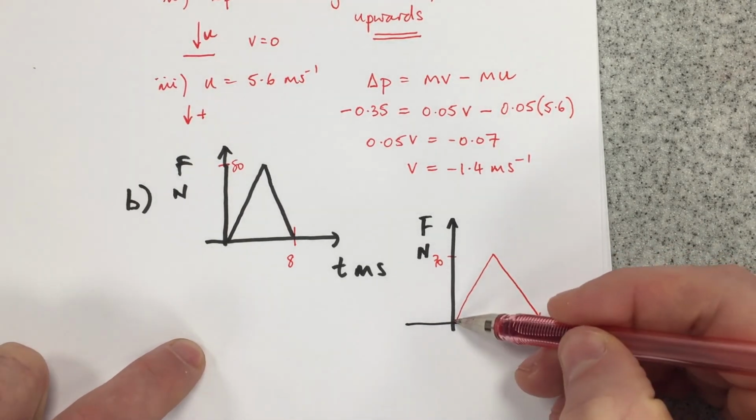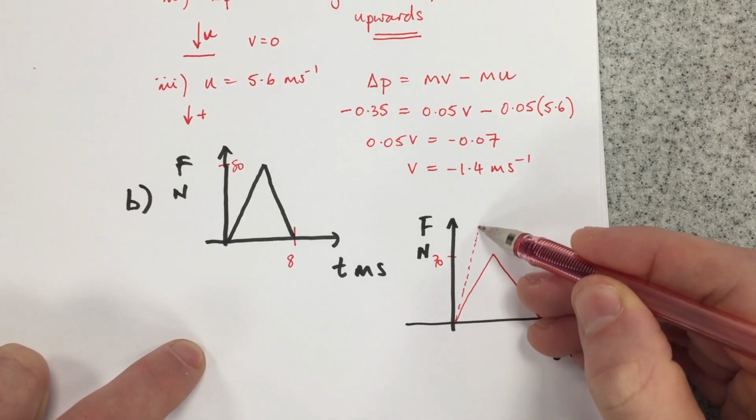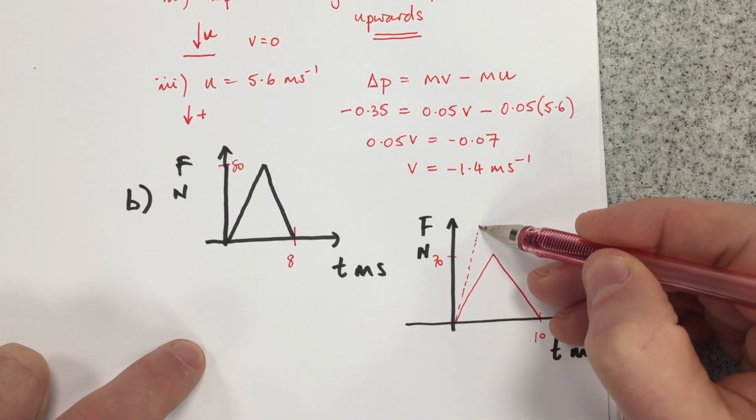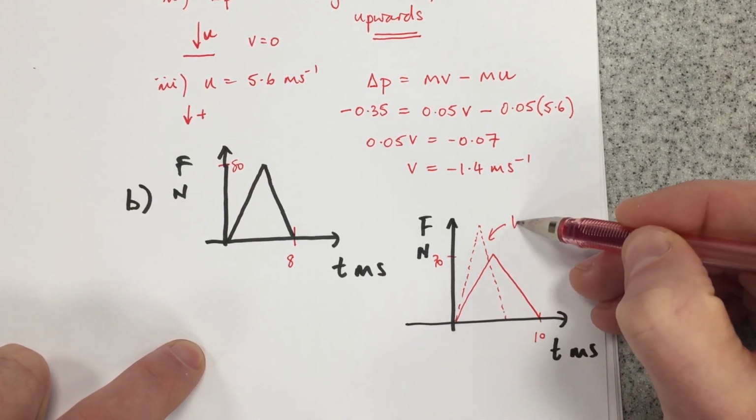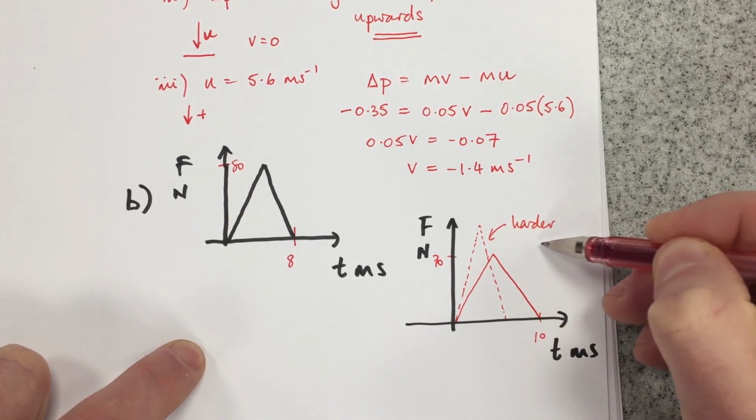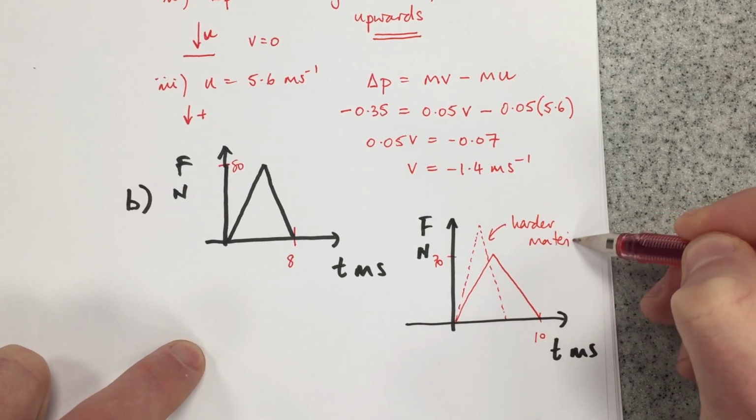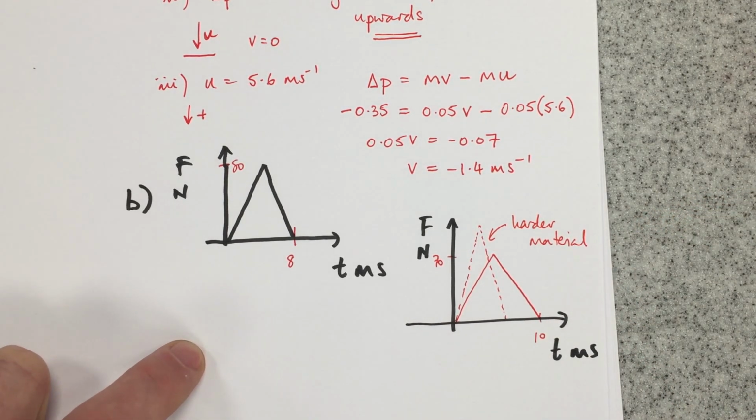And the harder ball we would show as a dotted line having a greater average force and a shorter time. And we would label that harder material. Okay, but we did show the values and we showed how it compared to the previous ball.